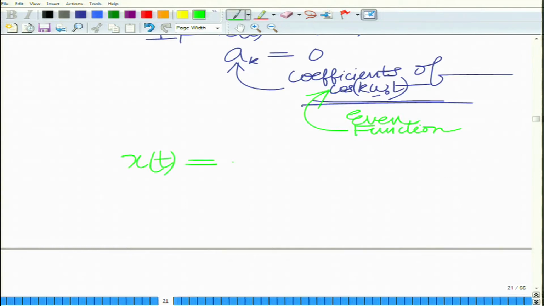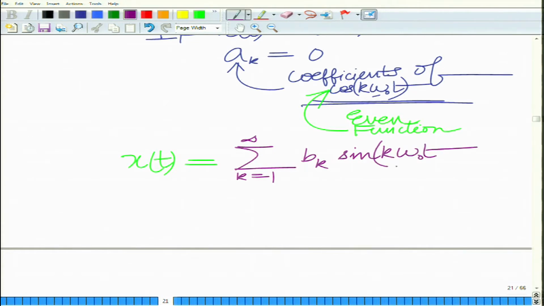And therefore, the trigonometric Fourier series can be expressed as xt equals summation k equal to 1 to infinity bk sine k omega naught t.